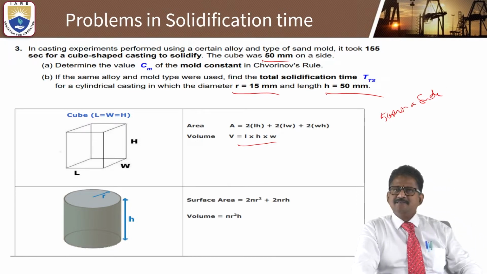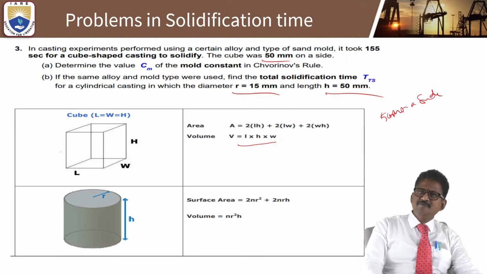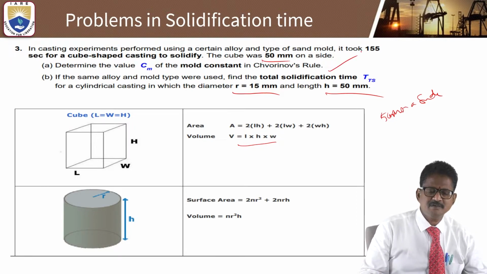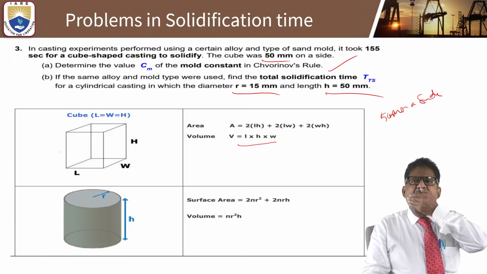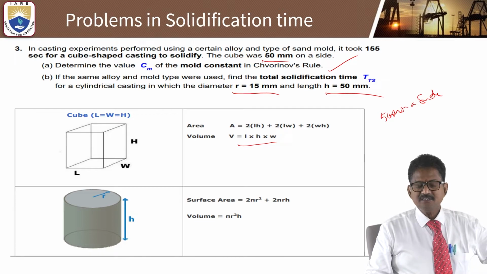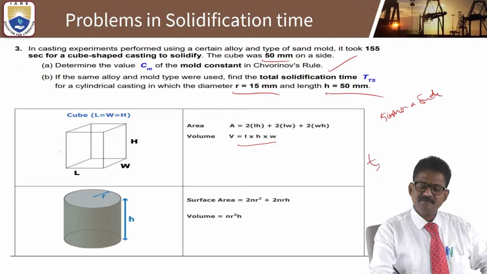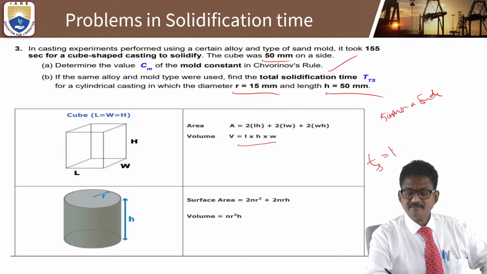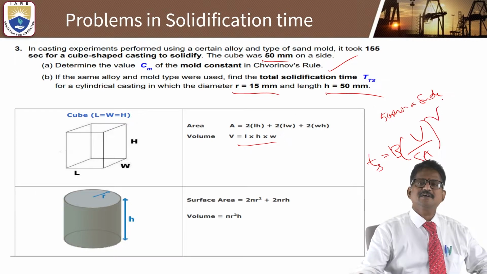And another thing is to determine the value of the mold constant in Chvorinov's rule. We are supposed to determine the mold constant in Chvorinov's rule. So the solidification time Ts is equal to some constant times volume by surface area whole square.